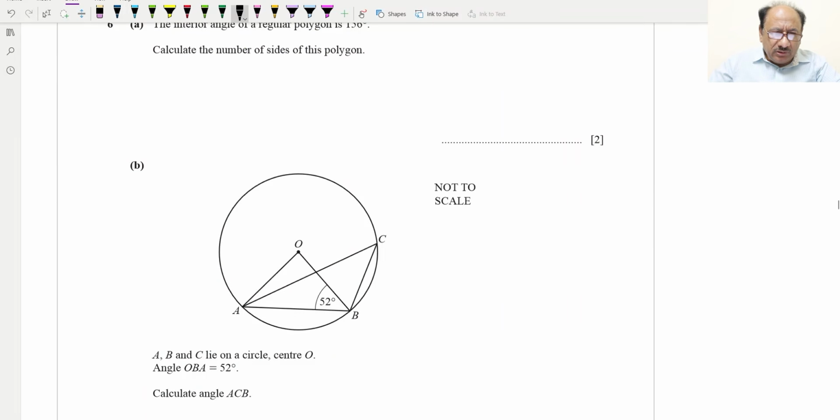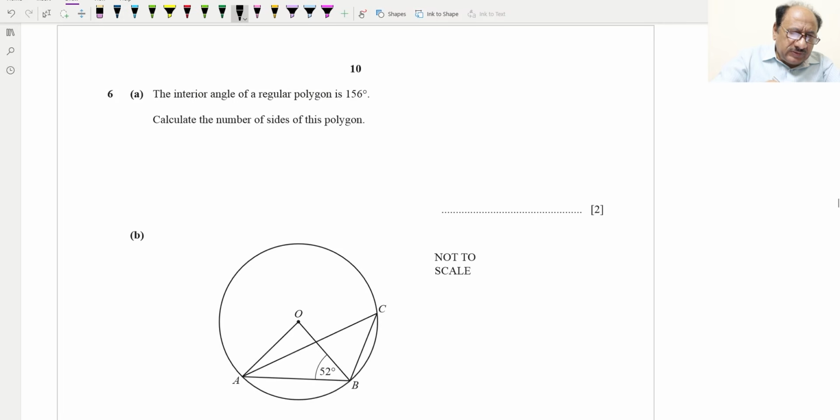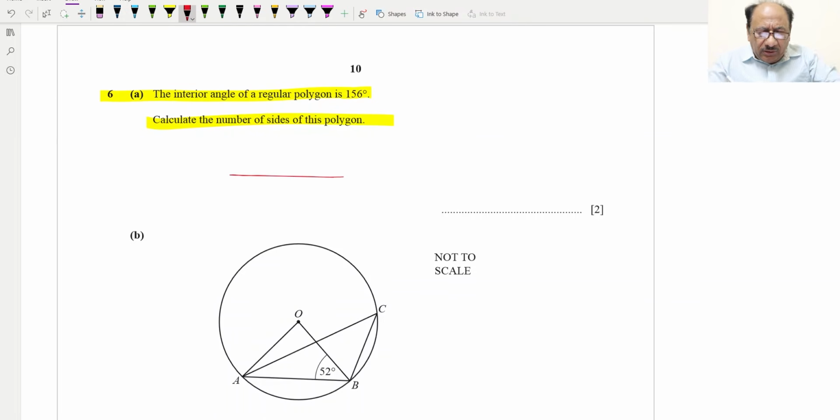Now we can go ahead with question number 6, and question number 6 says the interior angle of a regular polygon is 156. Calculate the number of sides of the polygon. So we can understand this by drawing a small drawing like this. Consider this interior angle is 156 degrees. It means the exterior angle will be like this, and the exterior angle will be 24 because this is a straight line.